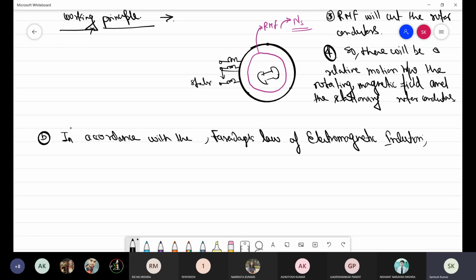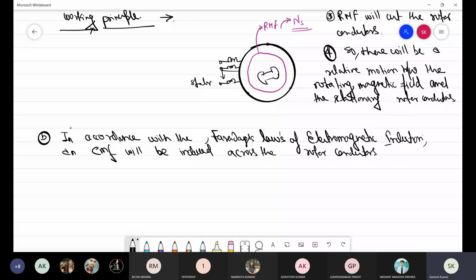In accordance with the Faraday's laws of electromagnetic induction, EMF will be induced across the rotor conductors. यहाँ तक क्लियर है?